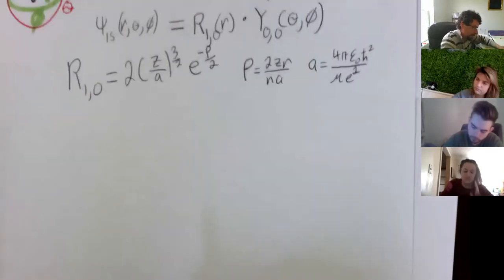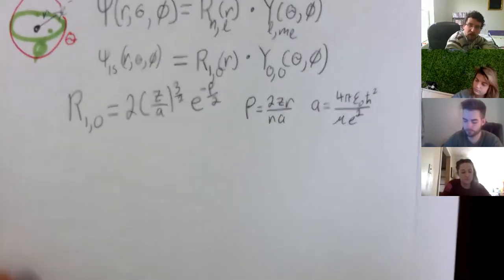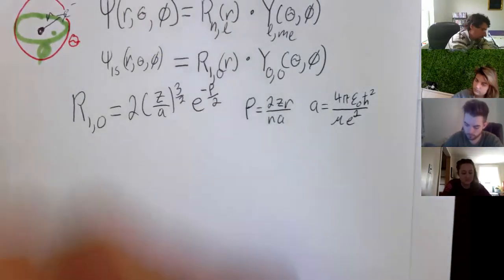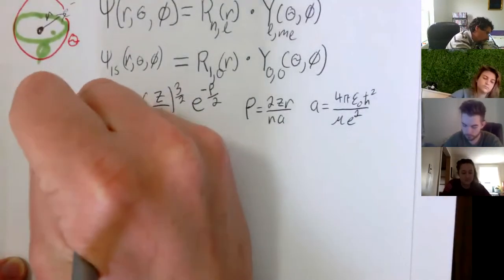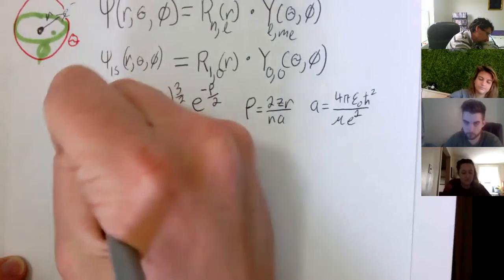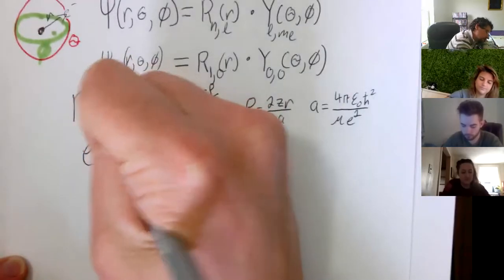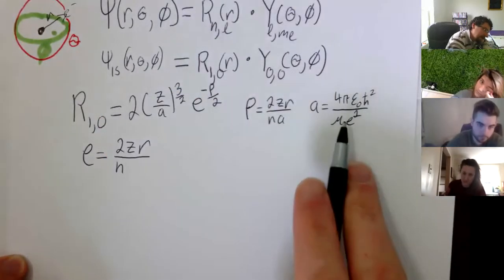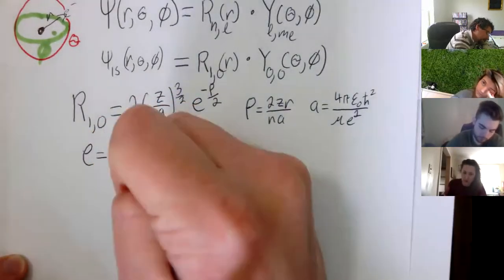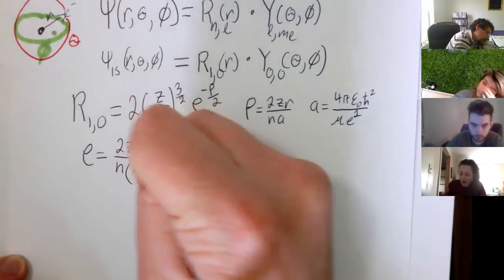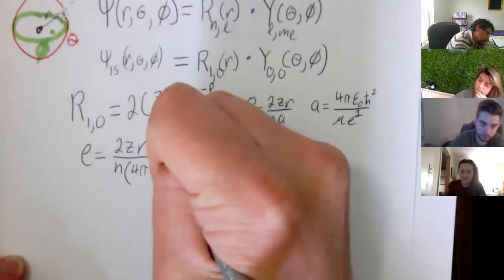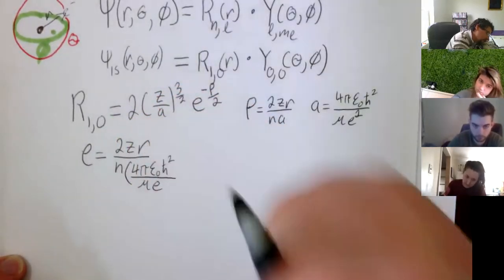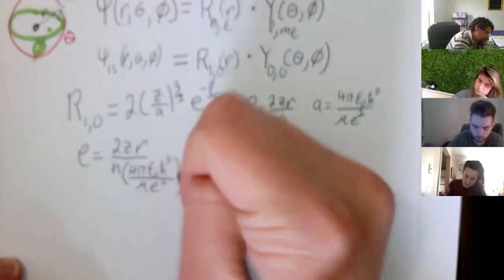Okay, so we got this expression. Let's sub these two parts into one another. So we got rho. We have 2ZR over N, and then we have A. So we have 4 pi epsilon h bar squared all over mu e squared.